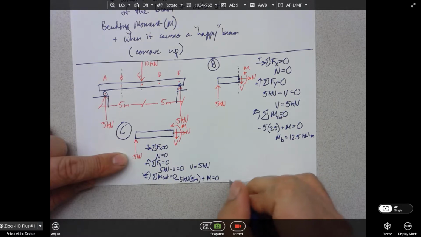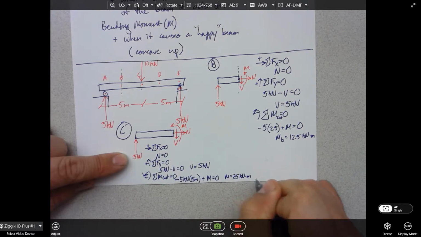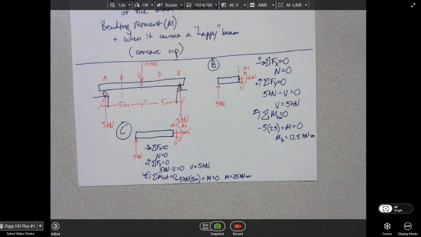So when we solve this equation, we find that the moment is equal to 25 kilonewton meters. That's interesting. It's going up.